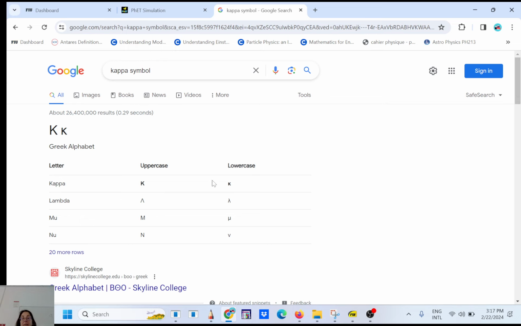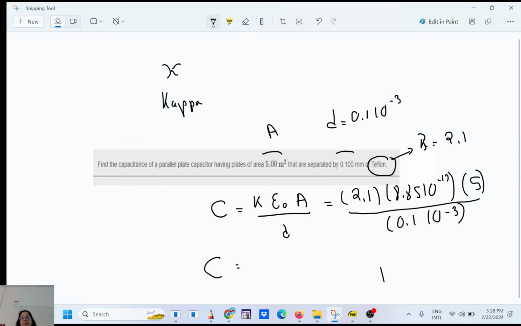You see, you have delta, kappa, lambda, and so on. Okay, what did you get? I didn't do it, so I'm going to rely on you. What did you get?